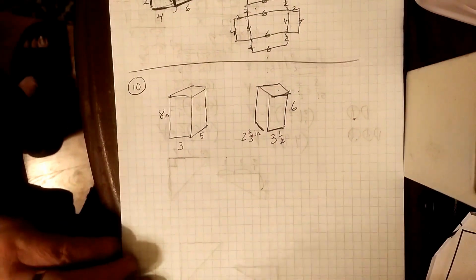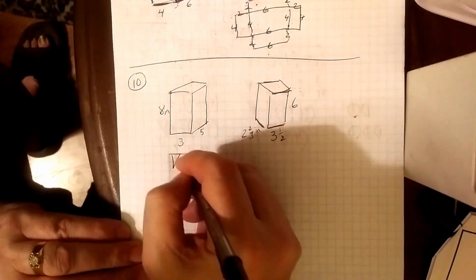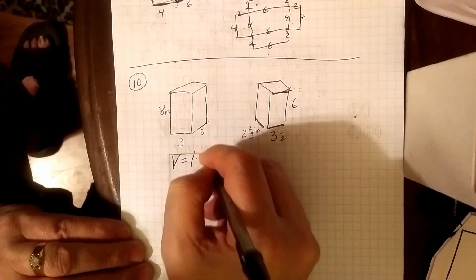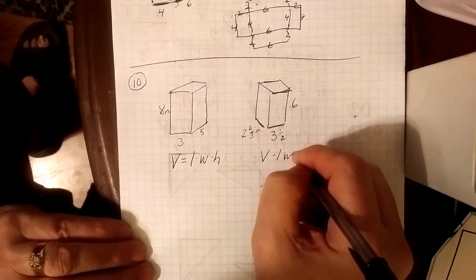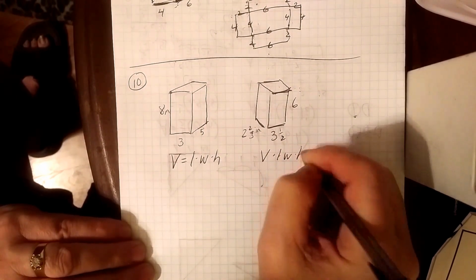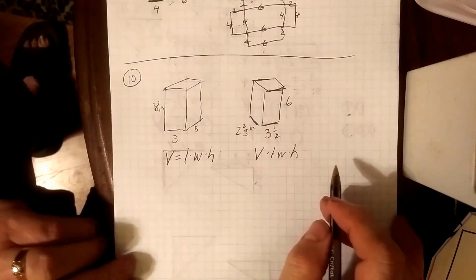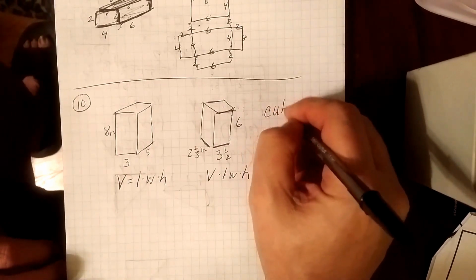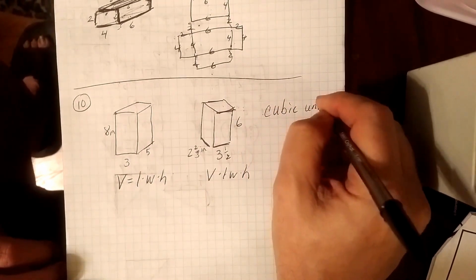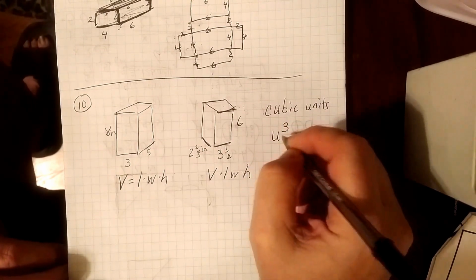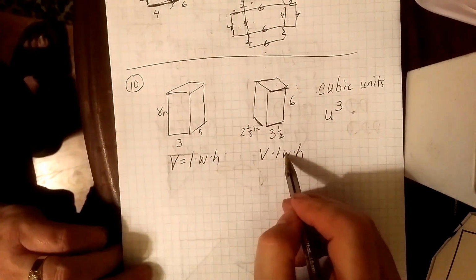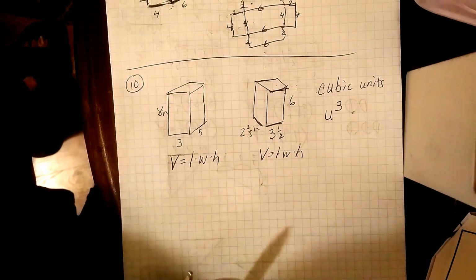So our volume for each of these, and students need to know this formula, volume equals length times width times height. So we're going to have that for both of them. And of course, that means it's going to be in cubic units, which we write as units to the third power, because we have three things that we're multiplying to get our answer.